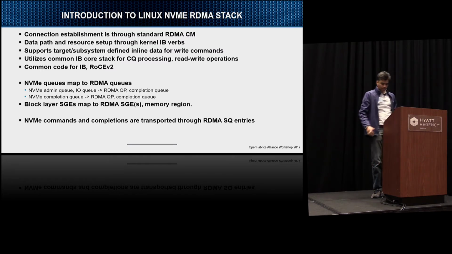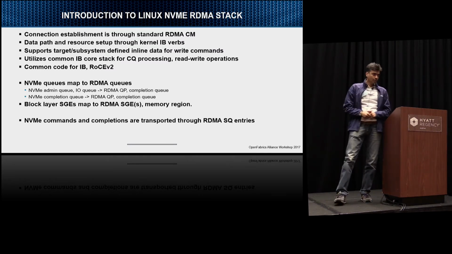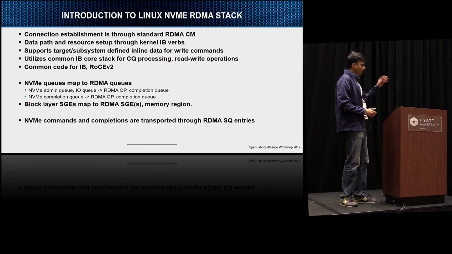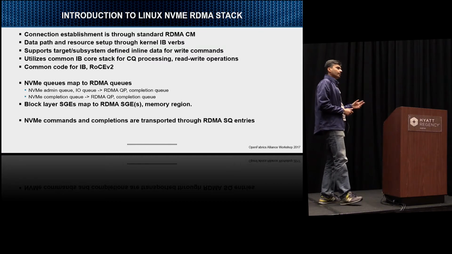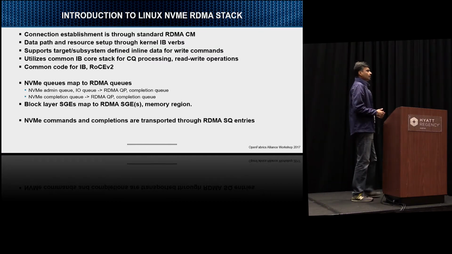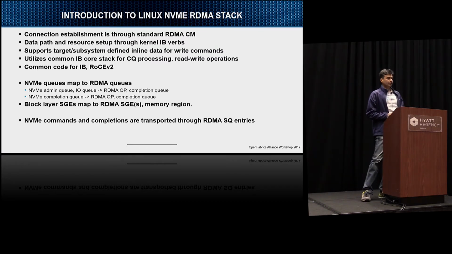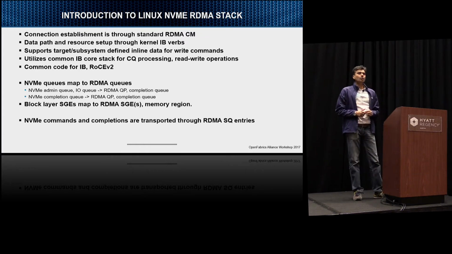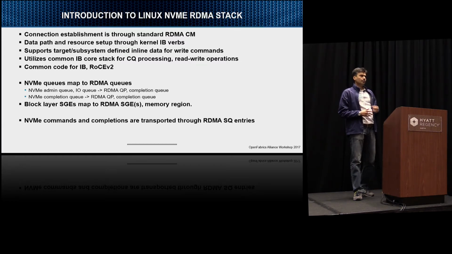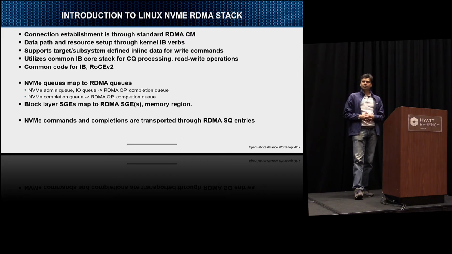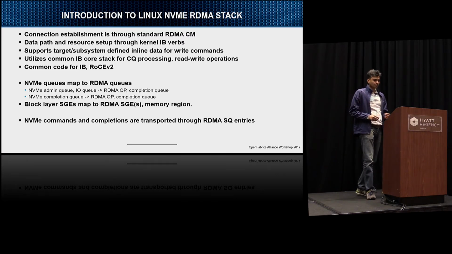One good benefit of RDMA is that all the block layer SGs are mapped to the RDMA SGs through fast registering of the memory regions. So every block SG can map to one or more RDMA SGs, and through memory regions, the data is shared from target to initiator side.